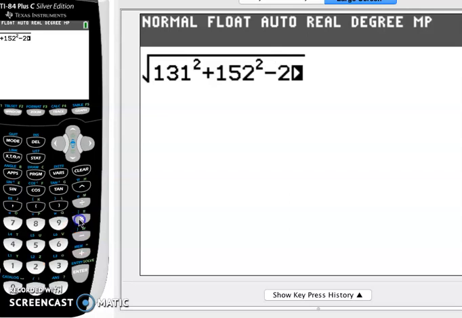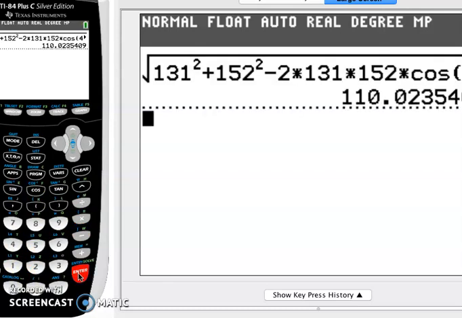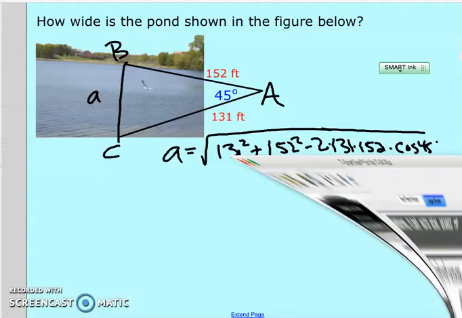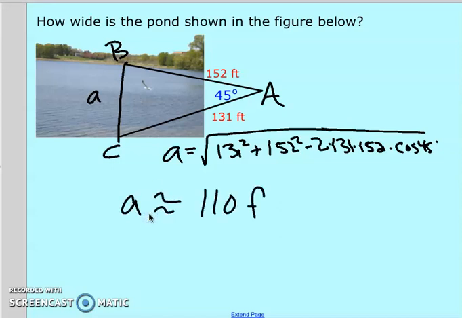Minus 2 times 131 times 152 times cosine 45 degrees. And that's how wide the pond is. 110. Is it feet? It is feet. It is about 110 feet. Nothing to it.